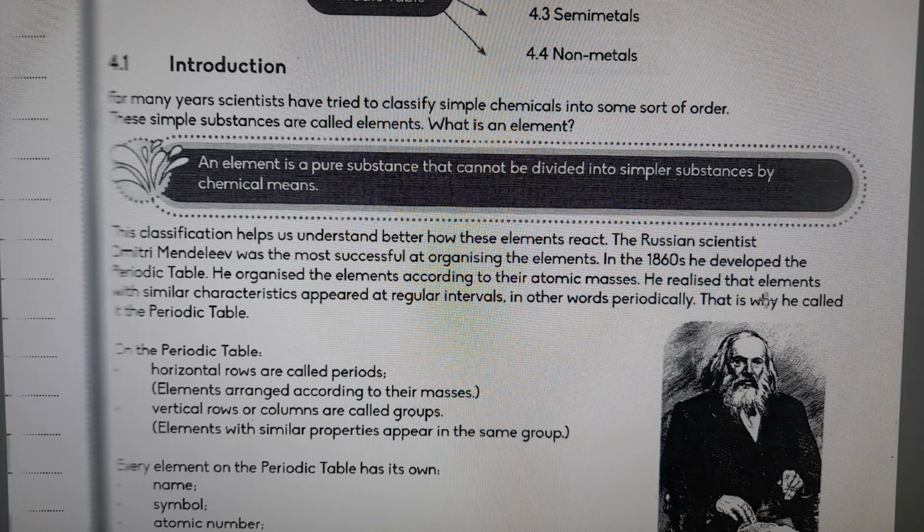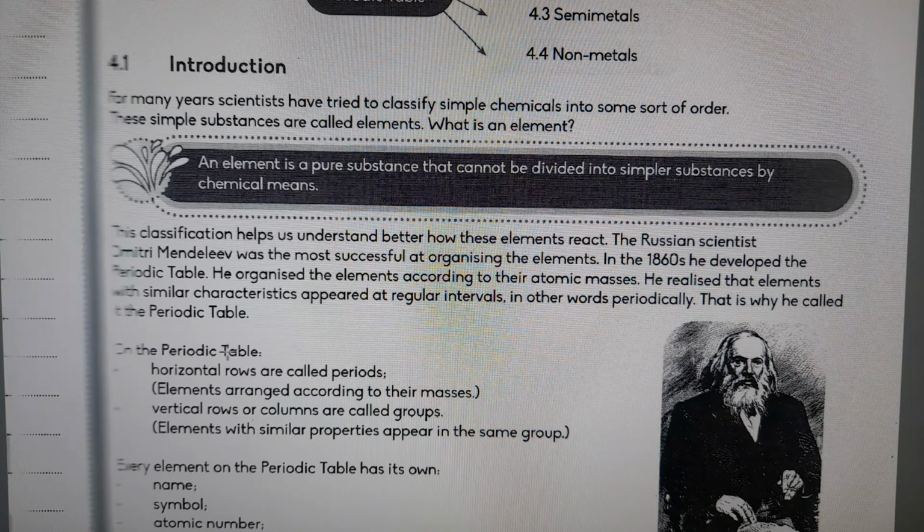He realized that elements with similar characteristics appeared at regular intervals, in other words, periodically. That is why he called it the periodic table. That is the order or classification of some sort.